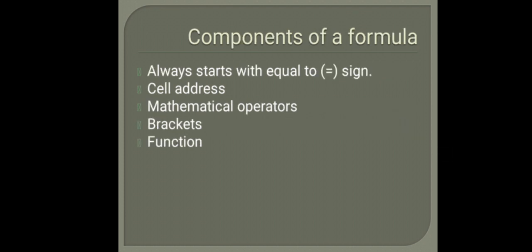Now, what are the components of a formula? Any formula or function always starts with an equal to sign. Always put the equal to sign before writing any formula or function. Then cell addresses like A2, B4, or a range reference like B4 to B16. Mathematical operators like plus, minus, multiply, divide, brackets or parentheses, and last is your function.